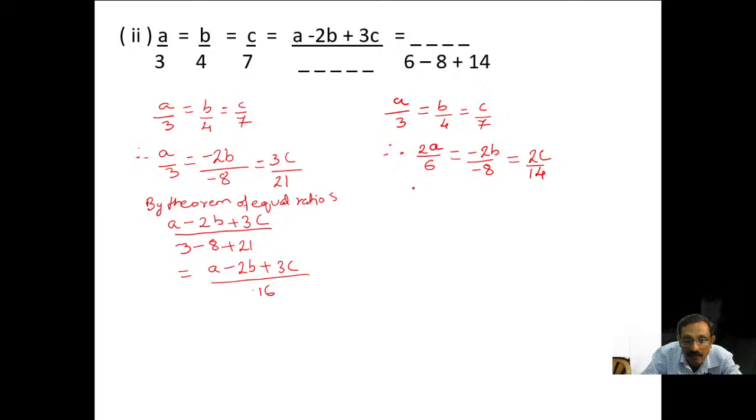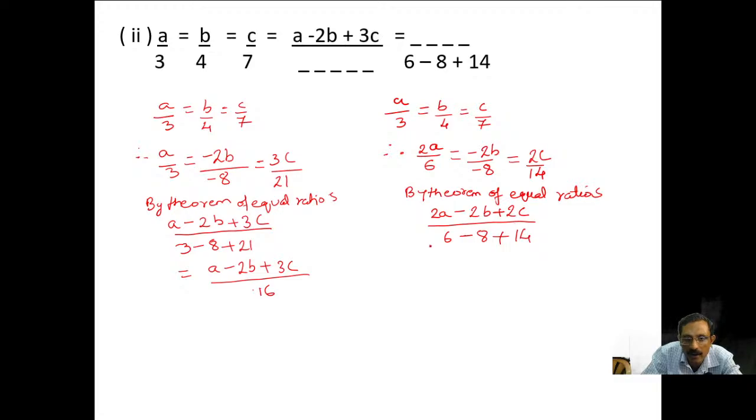Now by theorem of equal ratios, what we are getting is 2a minus 2b plus 2c upon 6 minus 8 plus 14.